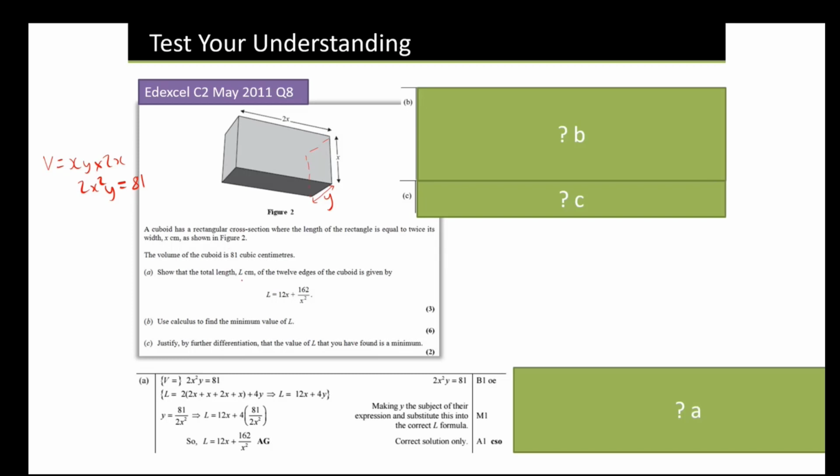Now let's get the length. Next formula is our length. Now you can see we've got a 2x here, which gives us here. Got a 2x this side, that's 2. That's the second one. We've got x here and x here, which gives us this x and this x.